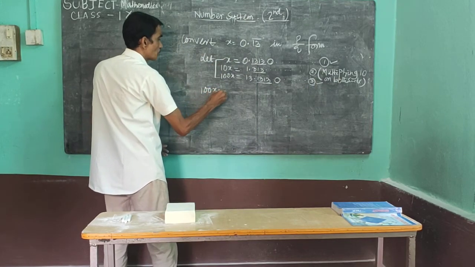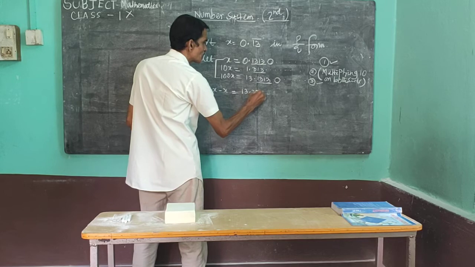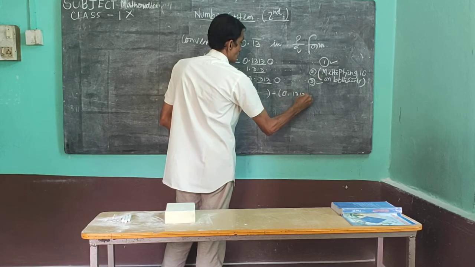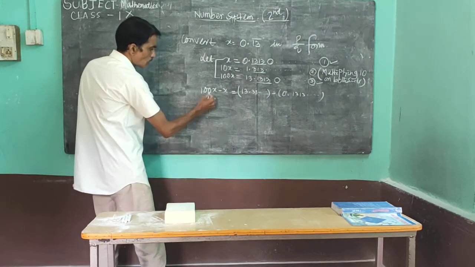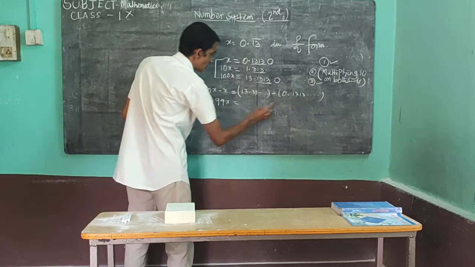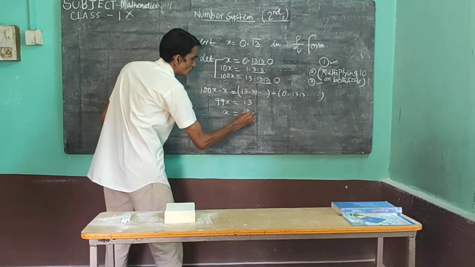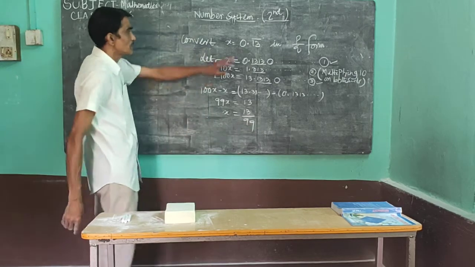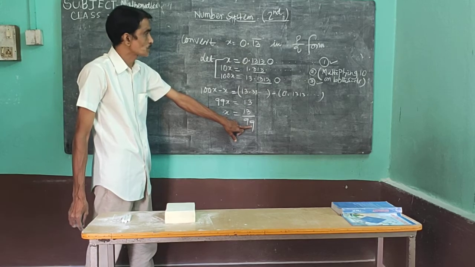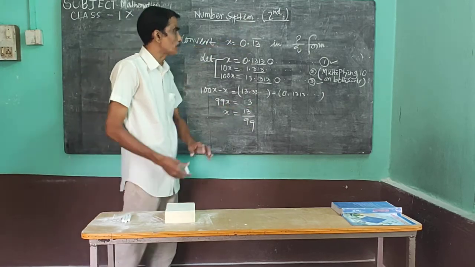So 100x minus x equals 99x, and on the right side 13.1313... minus 0.1313... gives 13. So x equals 13 upon 99. That means the recurring number is converted into p upon q form. This is how we can convert any recurring number into p upon q form.